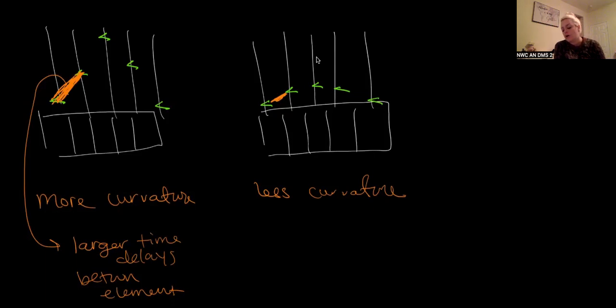And so with the greater curvature phase delay pattern, the more curvature comes greater time delays between the elements, like the time that they receive their electricity. And with less curvature, it is smaller time delays between elements.